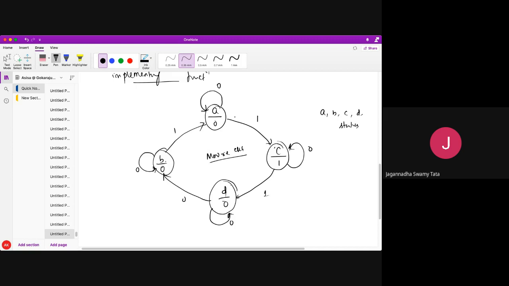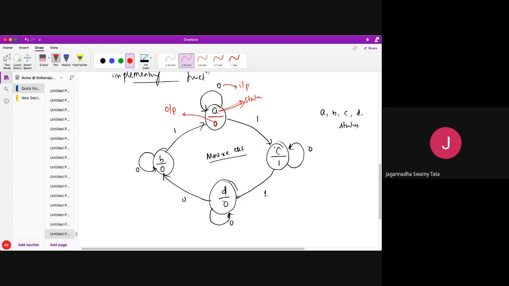And how is this represented? The states are represented here. This is the state, this one is called the output, and this one is called the input. All of you understand? States will be represented like this, with states in the numerator, output in the denominator, and input on the state transition path.